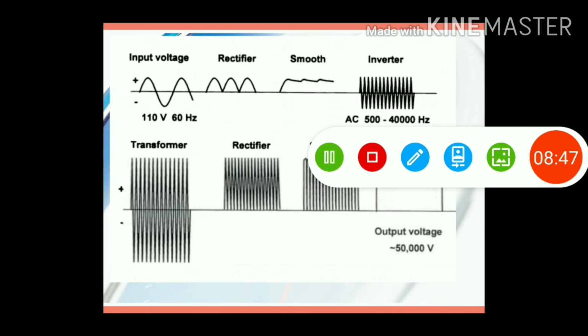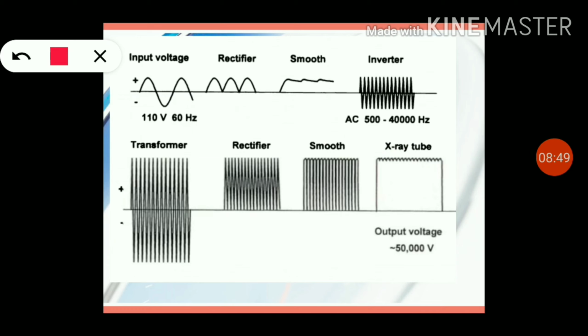So as you can see in this diagram, the high frequency generator produces a high frequency voltage AC waveform. AC input supply is given and converted to a low voltage DC waveform by rectification and smoothing.